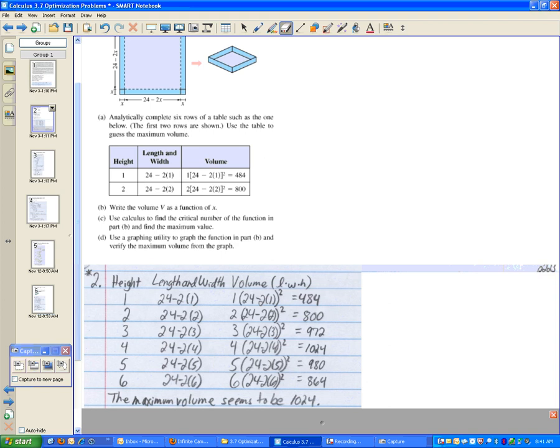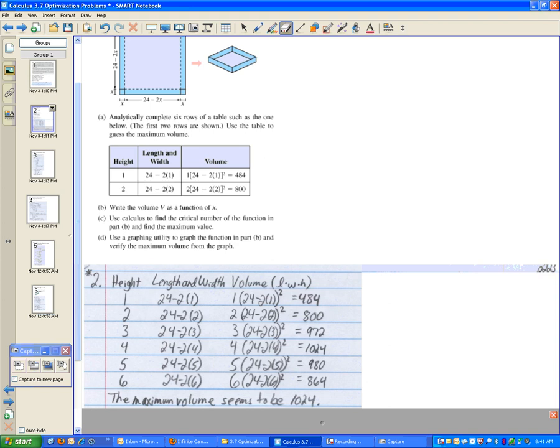The only reason I'm saying seems instead of is, the whole wide world doesn't run on integers, or whole numbers. So it's possible that the maximum is somewhere between 3 and 5, which is pretty obvious, but it may not be exactly at 4. It could be 4.0003. So it seems to be that.